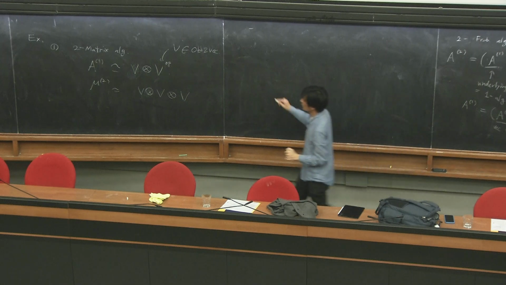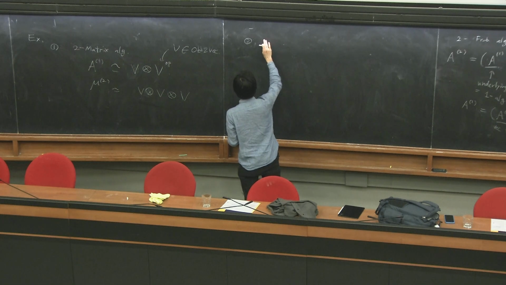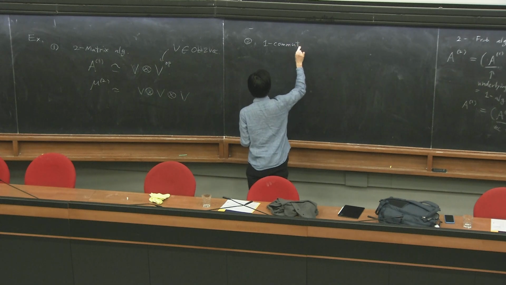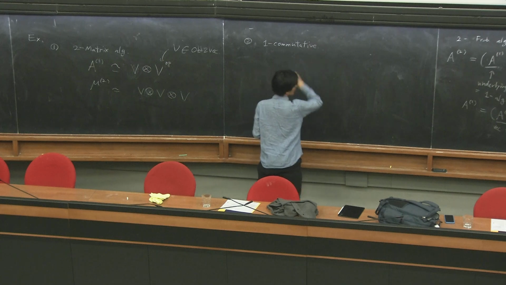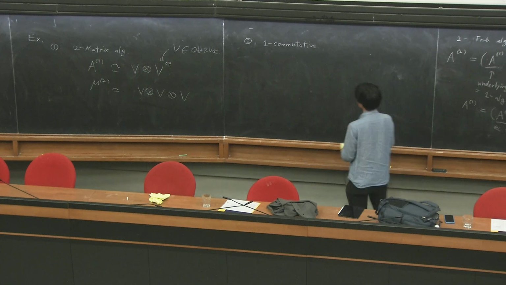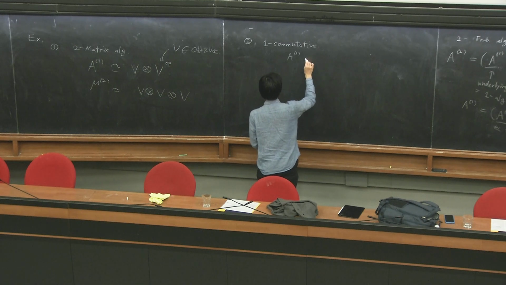Okay. Another important example is the commutative case. Commutative means that this underlying 2-vector space, which is an algebra, is commutative.